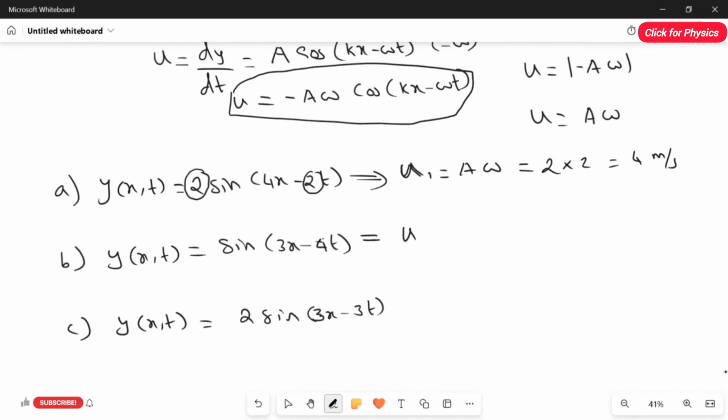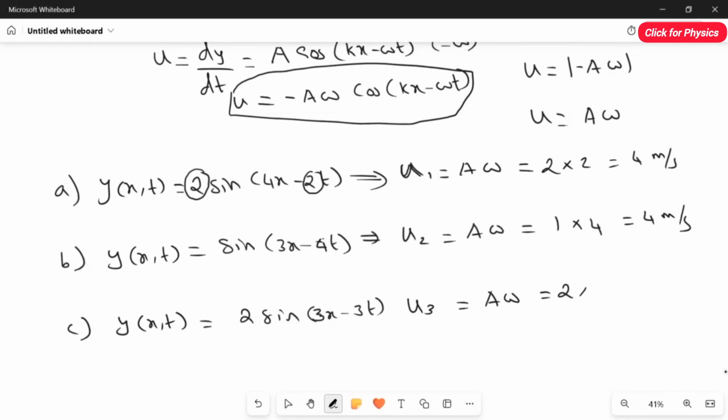And then for the second equation, u2 is a multiplied by omega. Here a is 1, and the omega value is 4. So 1 multiplied by 4 is equal to 4 meter per second. And then u3 is a multiplied by omega. So 2 is the amplitude and 3 is the omega, the angular frequency.